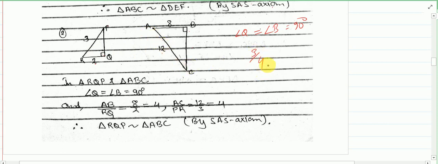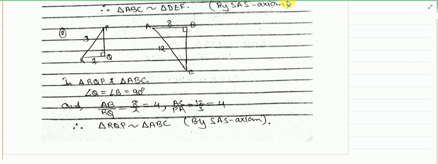So 3 by 12, that is 1 by 4. And RQ is how much? 2. Corresponding to RQ is this AB. So 2 by 8, 1 by 4. So therefore they are similar, by side angle side. Clear?